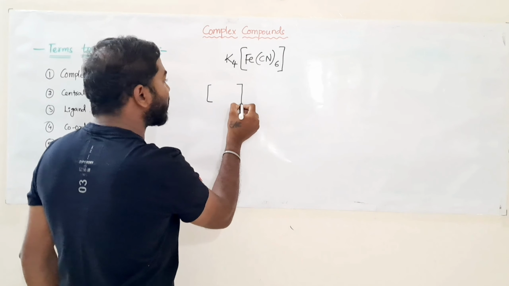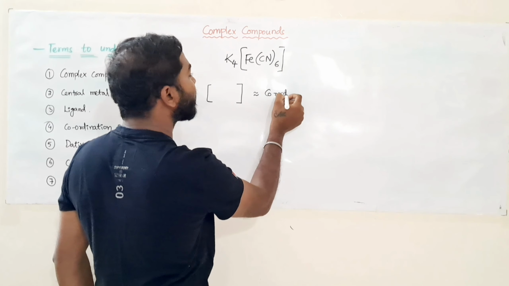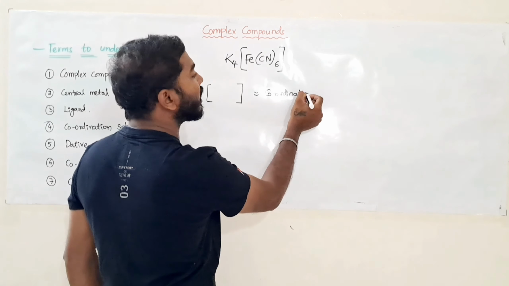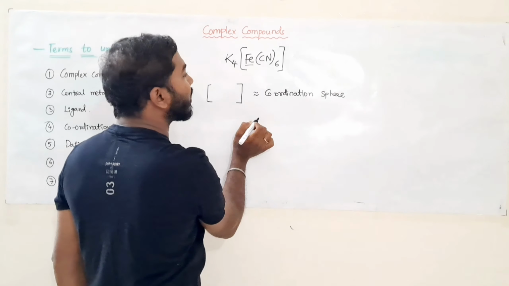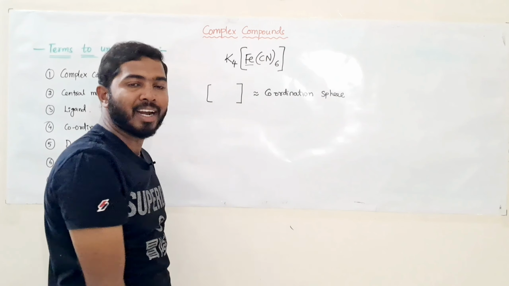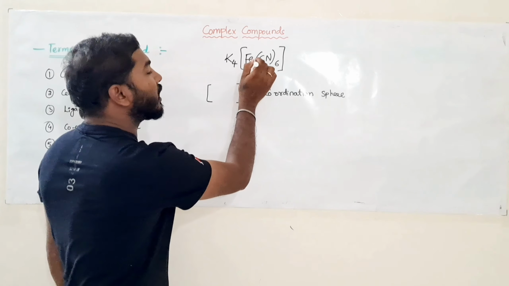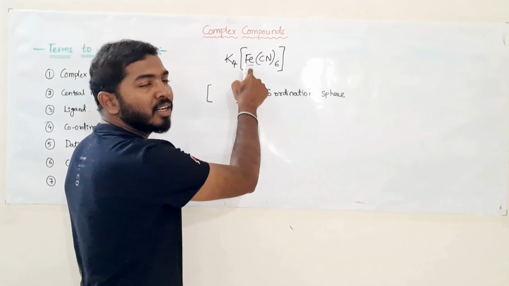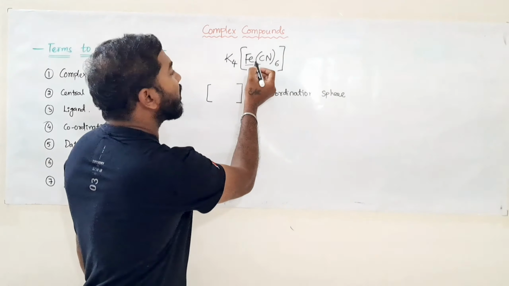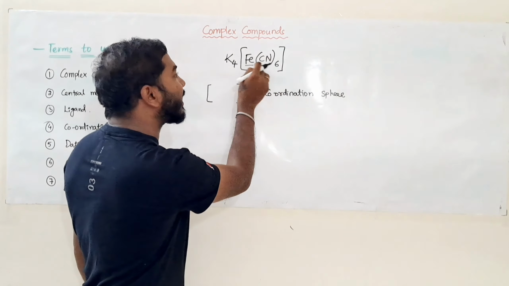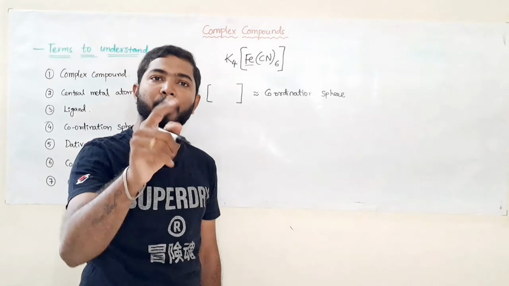Inside the coordination sphere, we can see there is a central metal atom and some group of atoms which are coordinated to the central metal atom. In this complex, iron is behaving as the central atom, where 6 cyanide groups are attached to iron through coordinate covalent bonds.